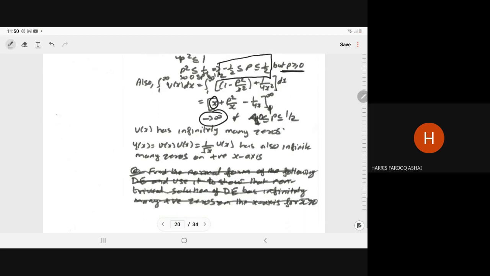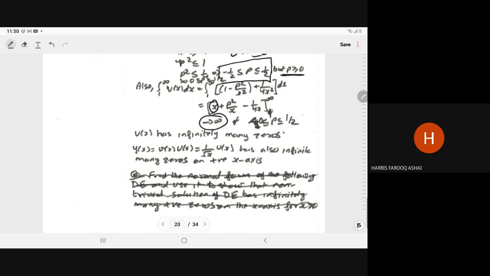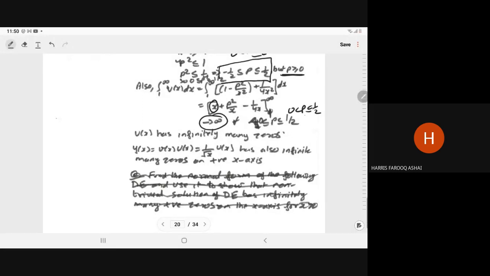We have checked for p equal to 0 and for p between 0 to half. If you combine these two, we have the same result: infinitely many zeros if p lies between 0 and half.